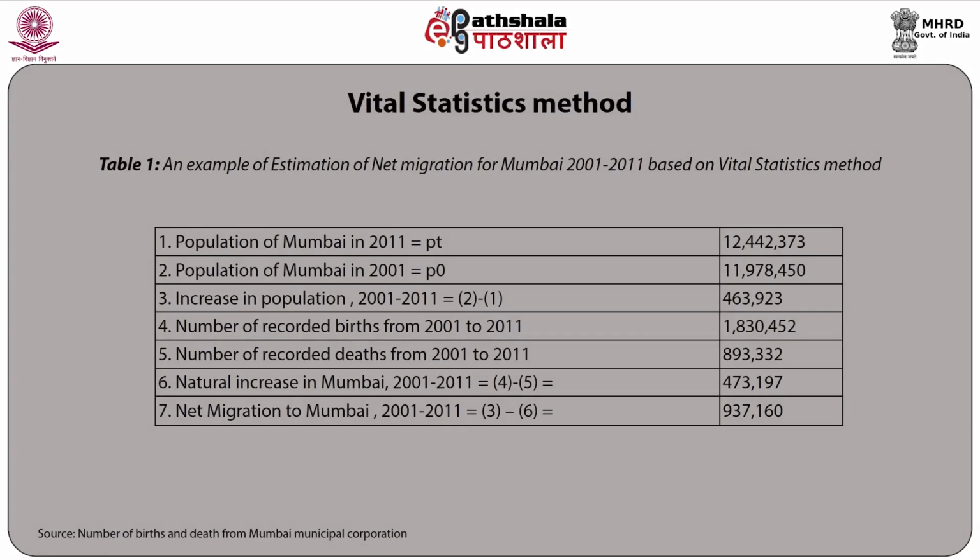Here is a table which is an example of estimation of net migration for Mumbai during the period 2001 to 2011, based on the Vital Statistics Method. The population of Mumbai in 2011, which is considered as Pt, was 12,442,373.